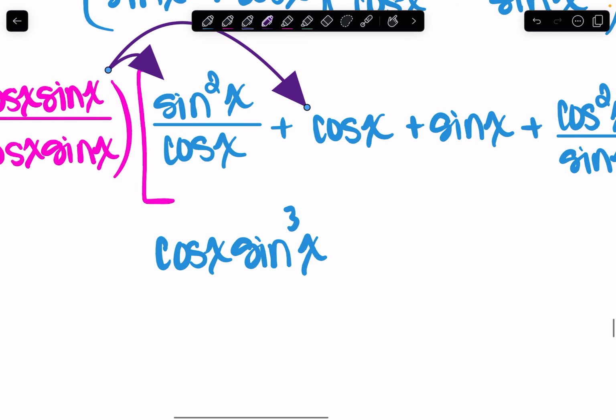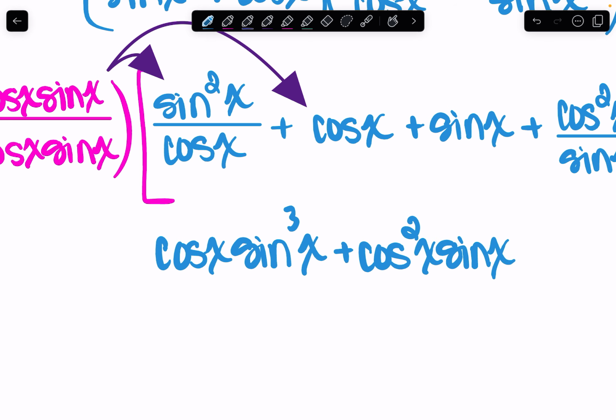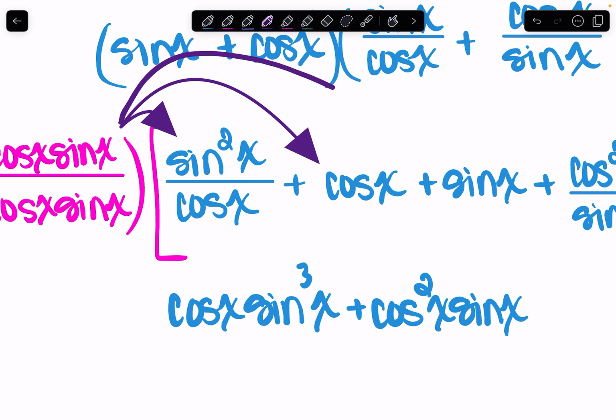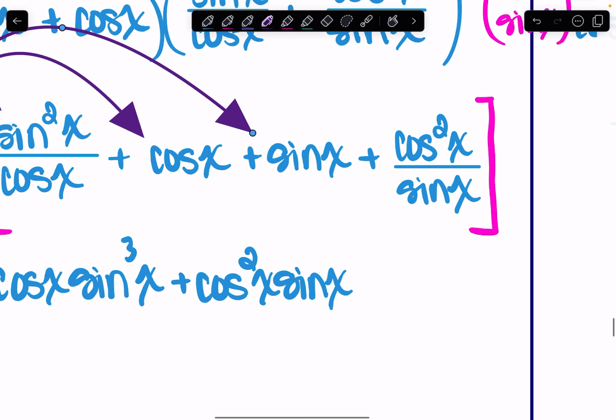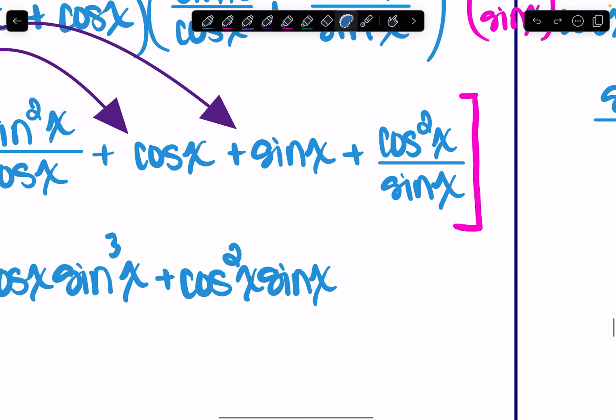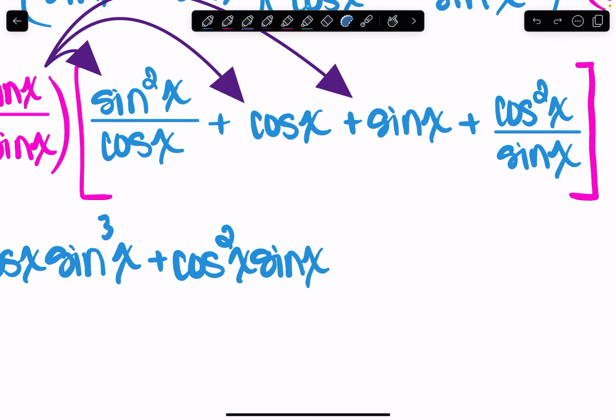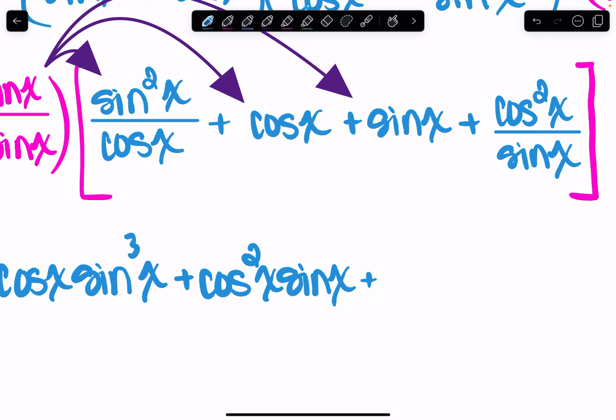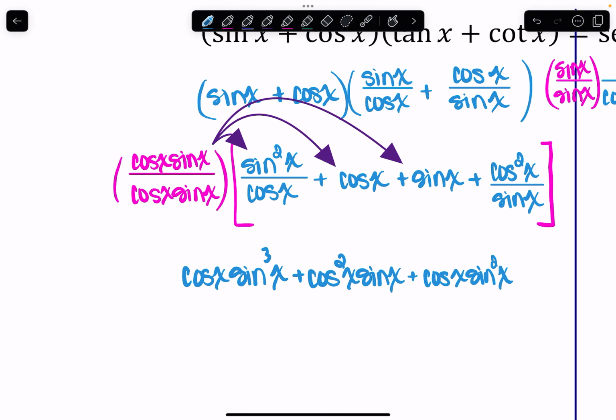So 2 powers of cosine, 1 power of sine. And then it's going to go to the third one, which is going to be 2 powers of sine, 1 power of cosine. And I'm going to run out of room. And still scooching.